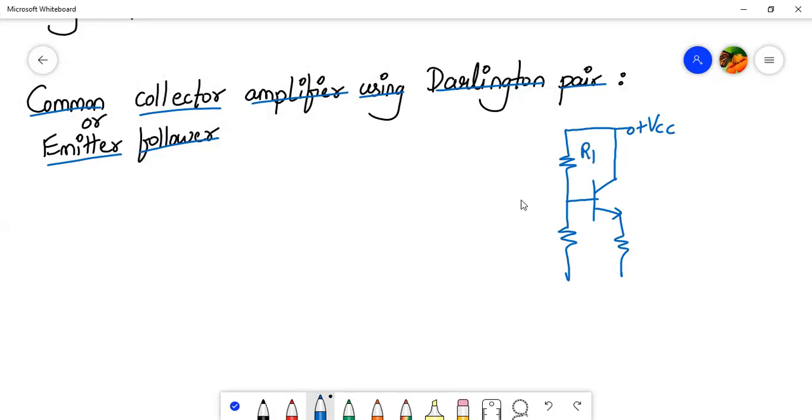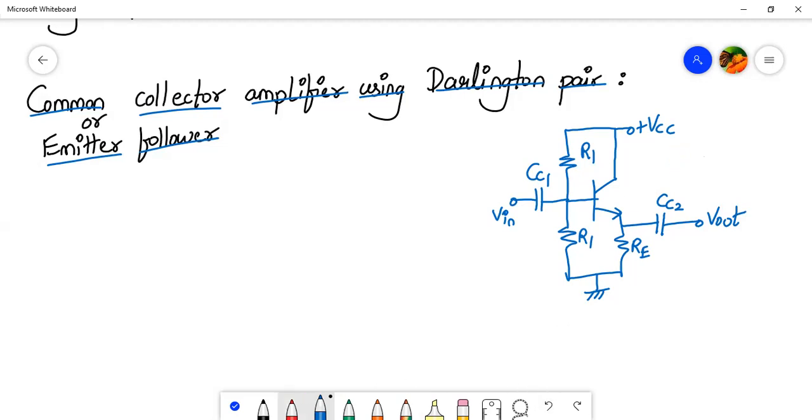Then we have R1. Here we have the input coupling capacitor CC1, and here we have the output coupling capacitor CC2. This is RE, R2, and here we have a ground. Here we have V in, and this is V out. So this is your emitter follower.